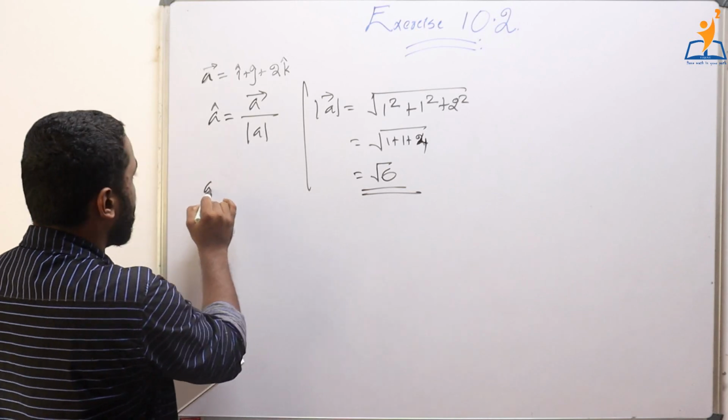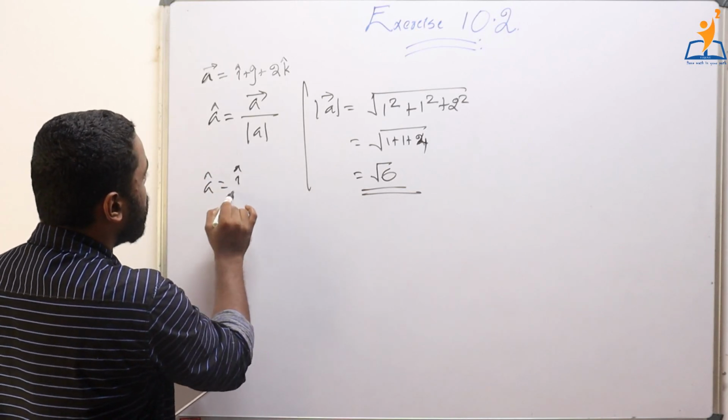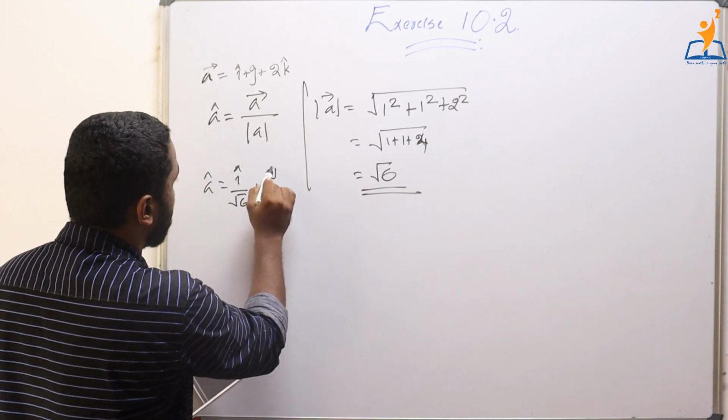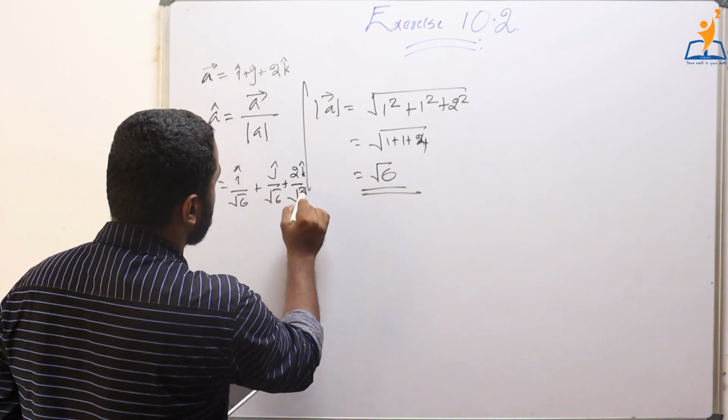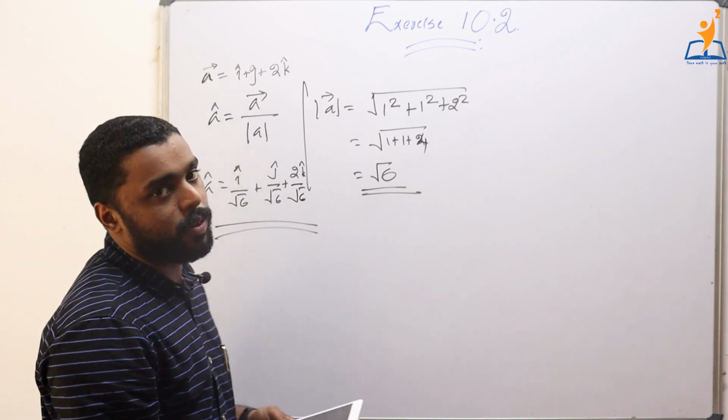So we have A cap equal to i cap by root 6 plus j cap by root 6 plus 2k cap by root 6. This is the unit vector in the direction of the vector.